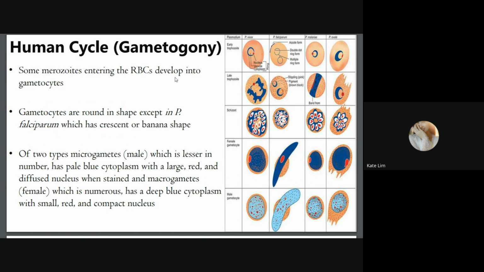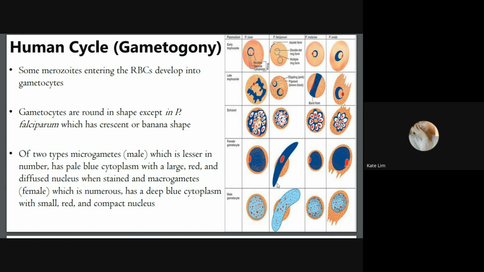Gametocytes right here are typically round, as you could see, but there is a special characteristic for Plasmodium falciparum. Instead of being round, the gametocytes of your Plasmodium falciparum are crescent in shape or banana shaped.